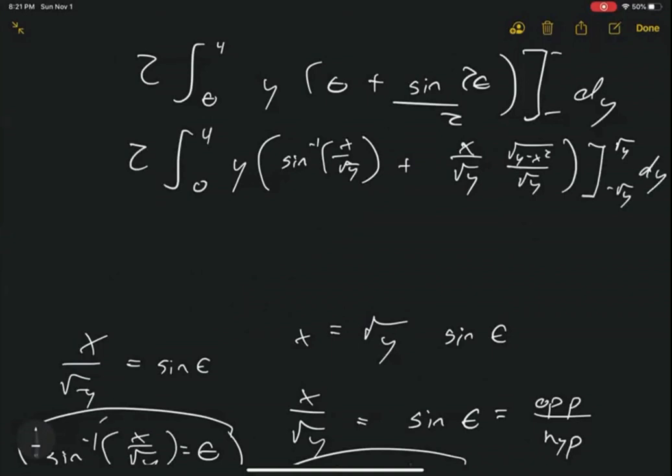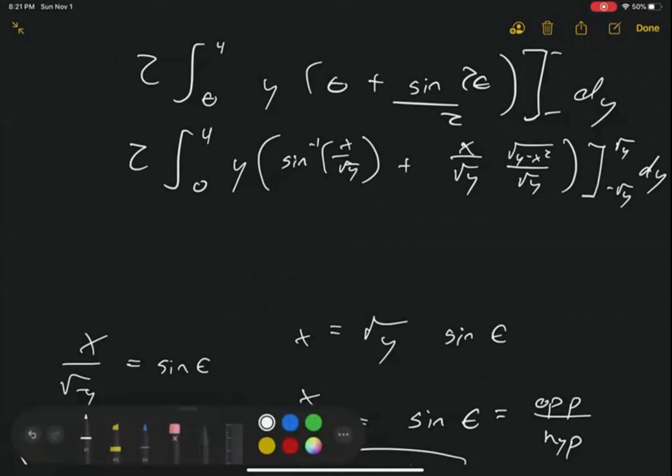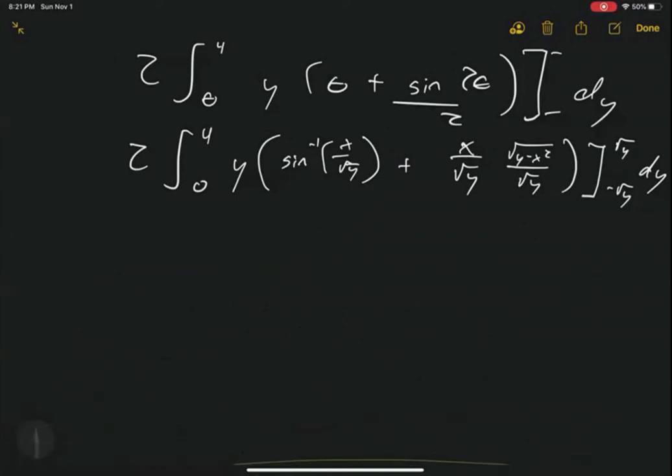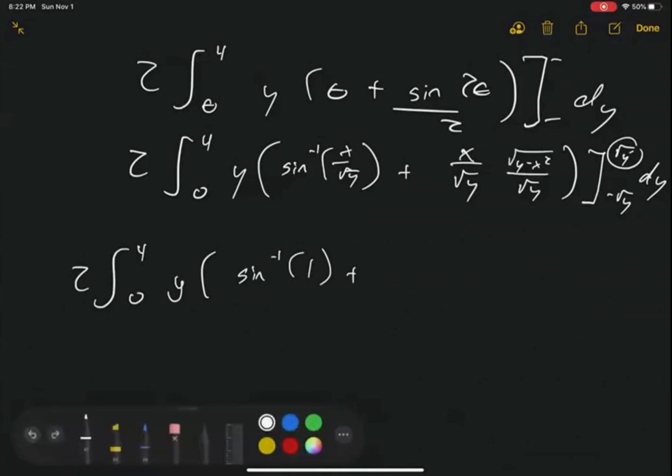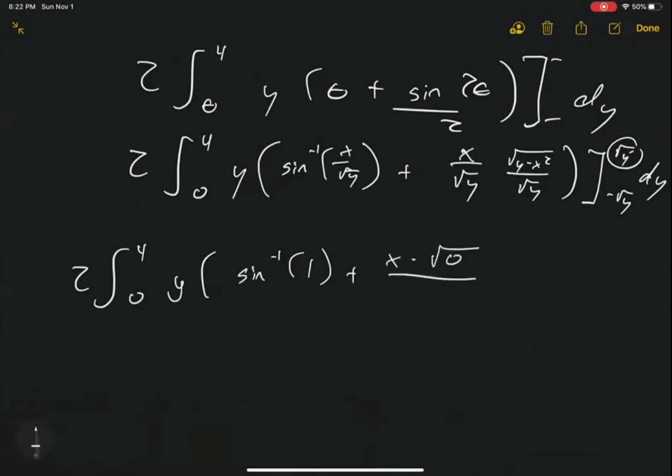Okay, now when I plug in my bounds, I'm plugging in positive square root of y for x. I get sine inverse of square root of y over square root of y, which is 1. And then when I plug it into this portion, in the square root here I get square root of y minus y, which is 0.